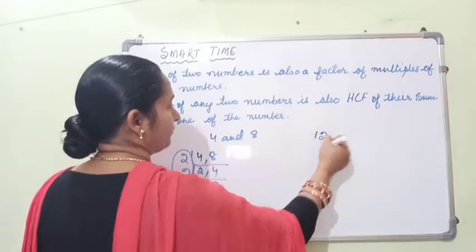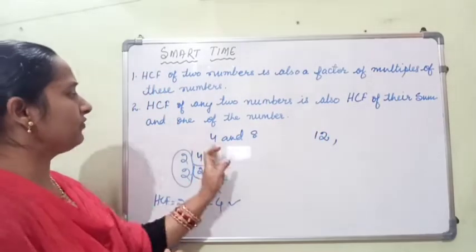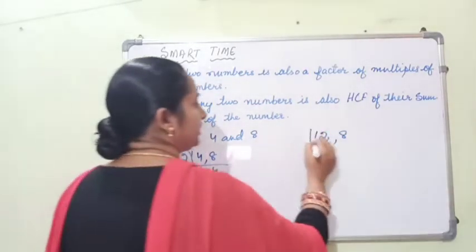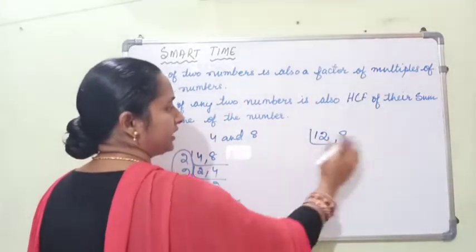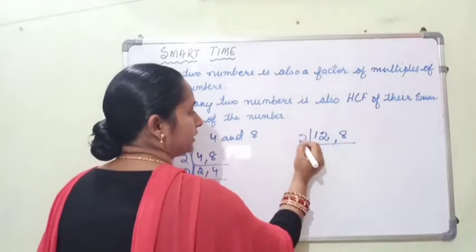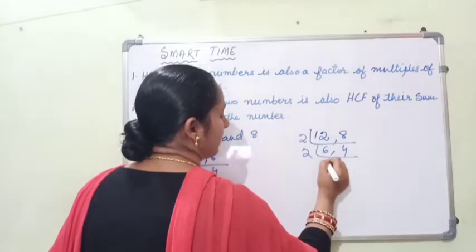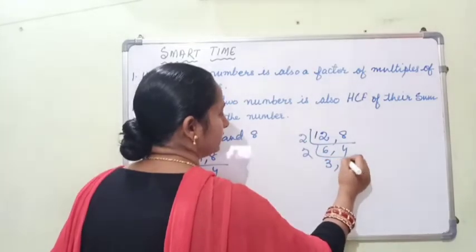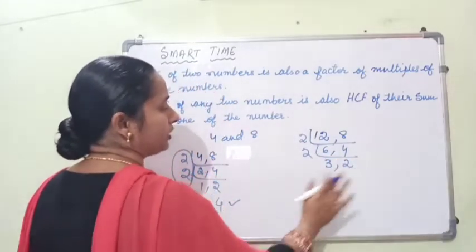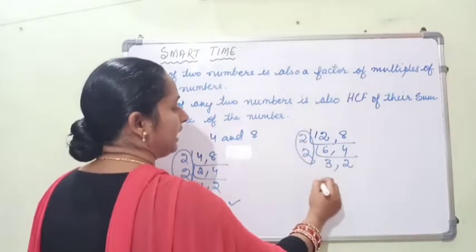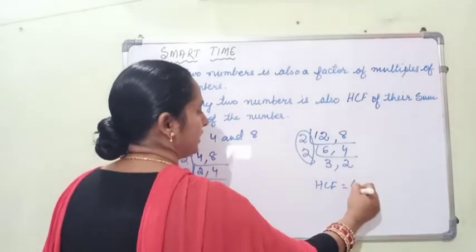It is 12. Take any one of the numbers, suppose 8, and find the HCF of 12 and 8. It can be divided by 2, then by 2 again, and later we cannot divide further because these two are co-prime numbers. So here we again got the same HCF, 4.